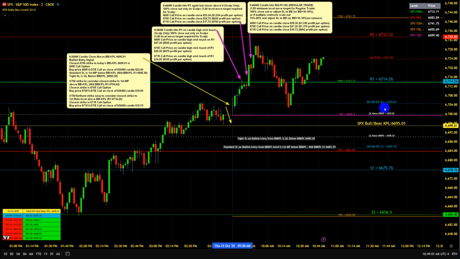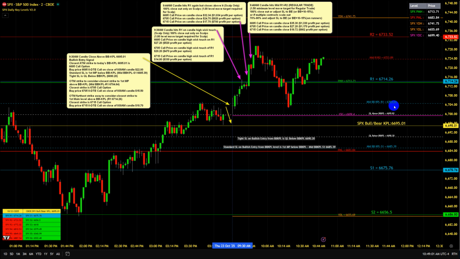But for this particular trade, this is the level that we are trading from on this opening candle on the bullish entry signal. So the process of finding which two out of the money strikes we can also consider is, first we look to the first midpoint above the bull bear KPL, which is 6704.64. In that case, the closest strike to that is the 6705 call option.